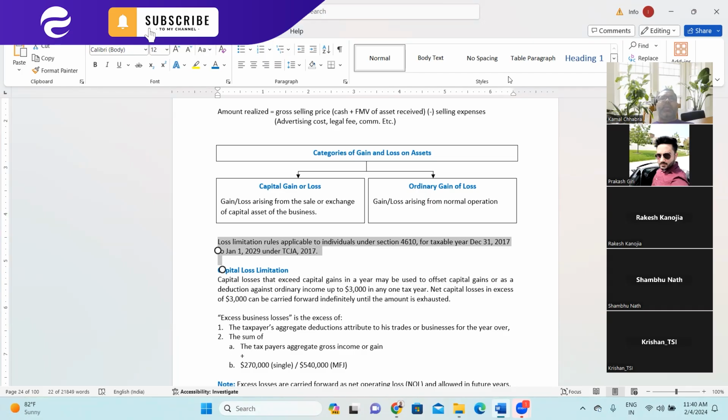But in these 12 years, a capital loss can be carried forward infinitely. So in simple terms, this TCJ Act 2017 will be applicable for any loss during the period of 2017 till 2029. Yes, absolutely right. Right, everyone? Very good point, Rakesh.